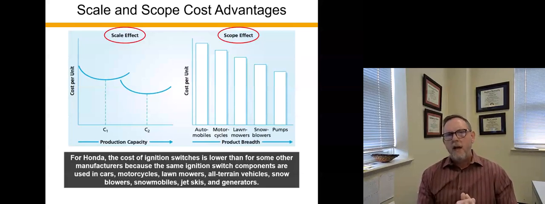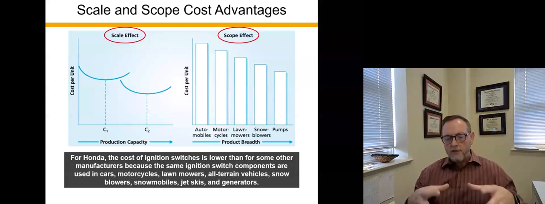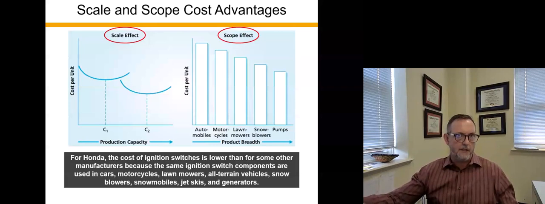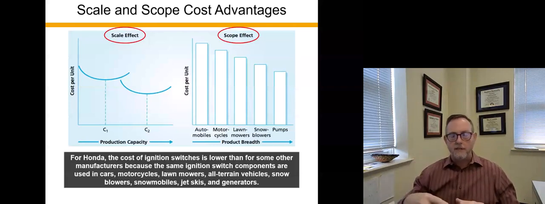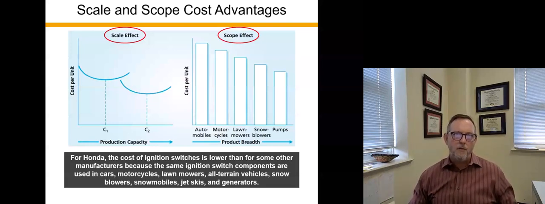Same concept happens, only in a slightly different way, when we talk about scope. Scope, in this context, means that we're using our production and spreading it over more types of products. Not more of the same product, but more types of products. This is particularly true when we do platform production operations.